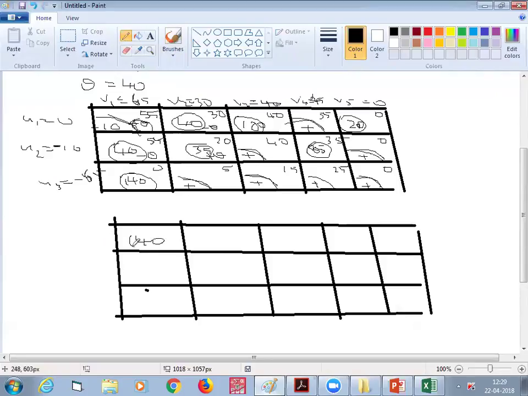This is 40. Okay. Now I'll do the other ones first. Okay, 40 plus 35 is 75. Yeah, 75 here. This is 140, not changed. This is 100, again not changed. This is 85, again not changed. And this is 20, okay?